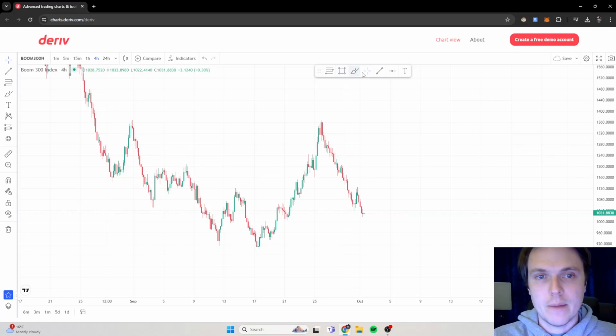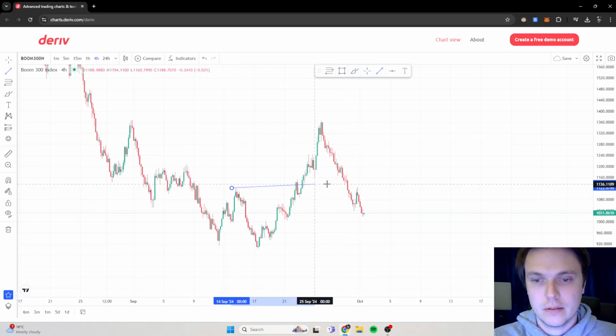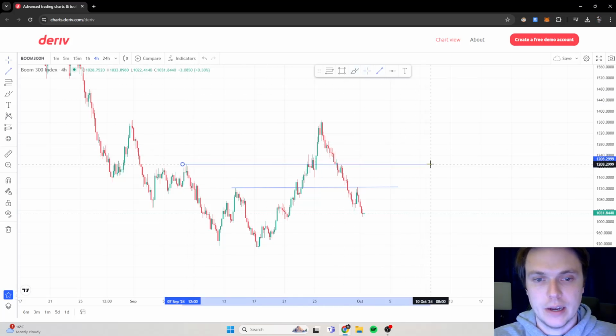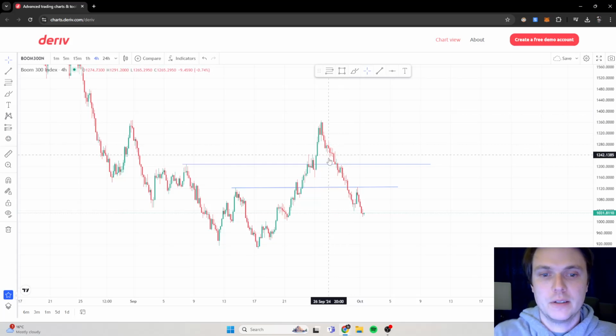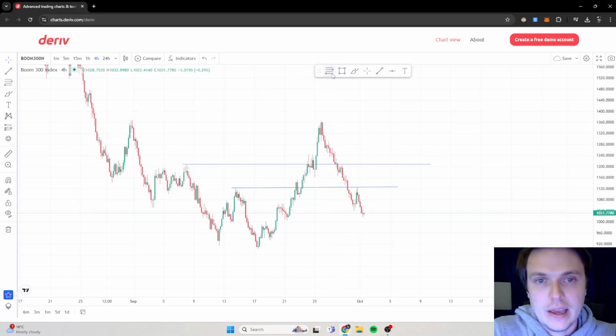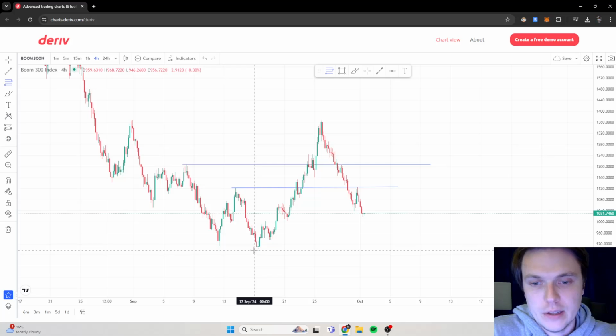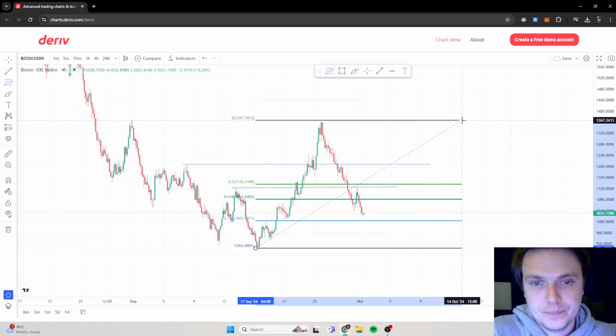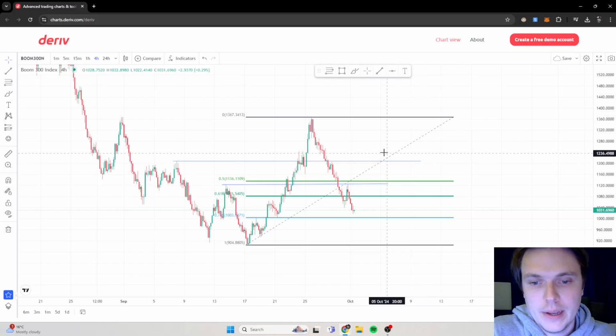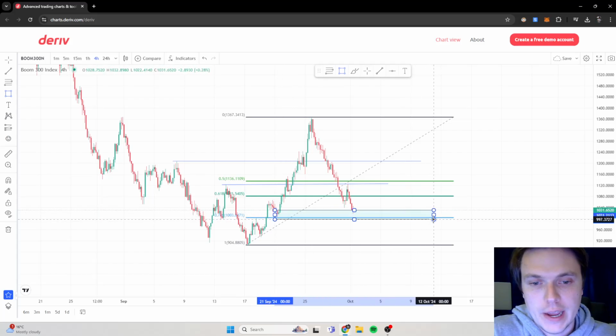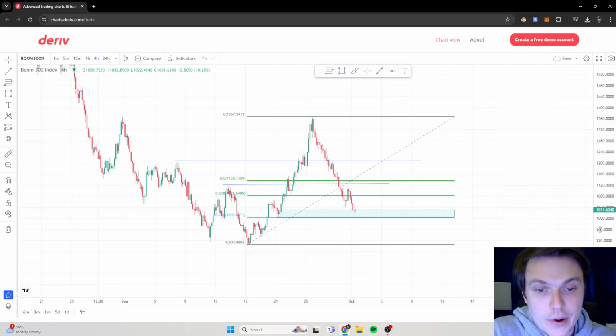On the higher time frames, I see that Boom 300 has broken this high and broken this high with these movements. So I'm currently thinking about a bullish trade, which is good, right? So this is the bottom of this movement to the top. And it's actually at the moment within this last red candle over here, which might indicate a buy currently.